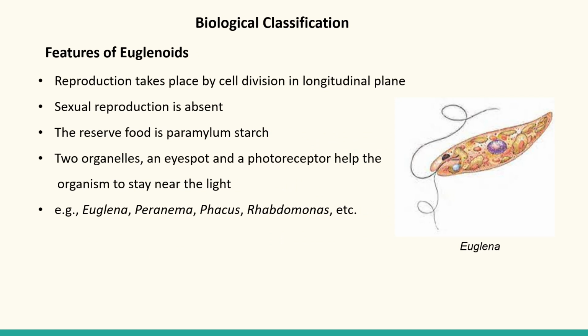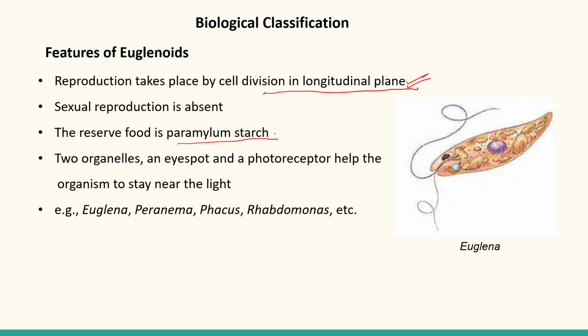Reproduction takes place by cell division in the longitudinal plane. This is an important point. Sexual reproduction is totally absent in euglenoids. Reserve food is paramylon starch.